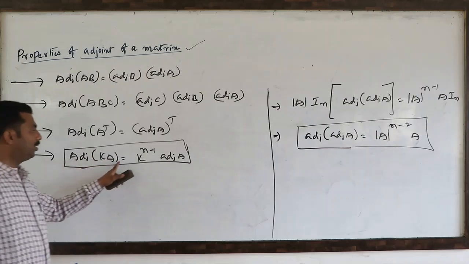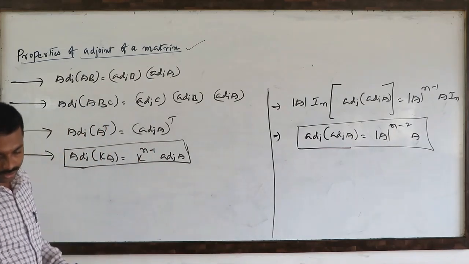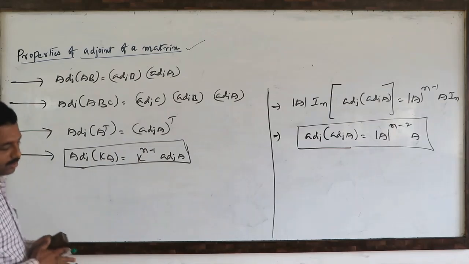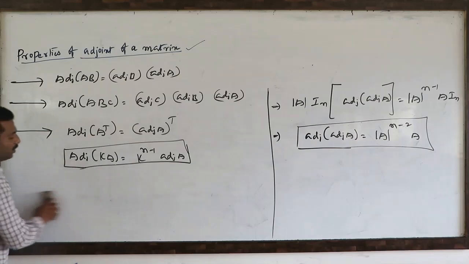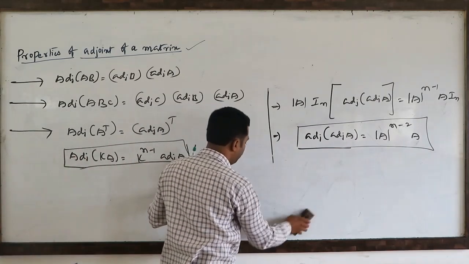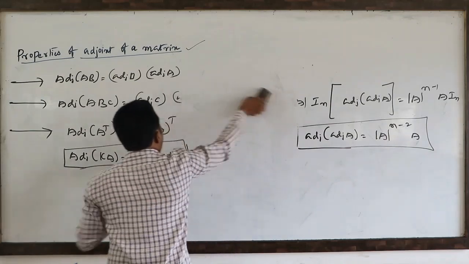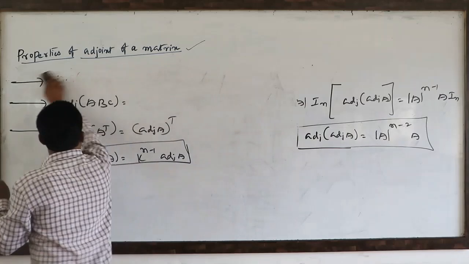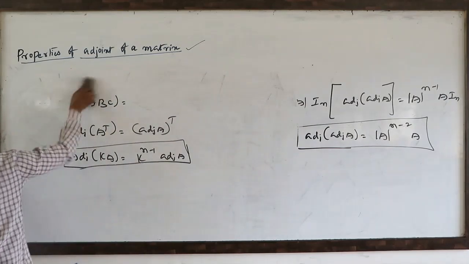Adjoint of kA equals k power n minus 1 into adjoint of A. So these are the properties of the adjoint of a square matrix. Then properties based on the inverse are also there. We will see them after the discussion of the inverse of a square matrix. Now based on these properties we will see problems.